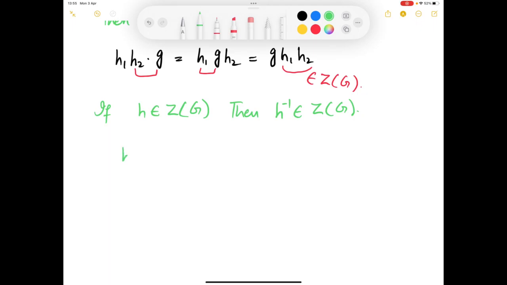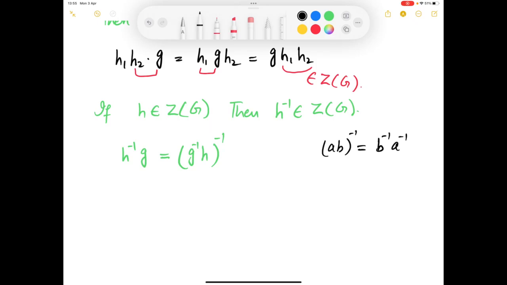For this we consider h inverse g, and we can write it as (g inverse h) whole inverse. Here we have used that (ab) whole inverse is the same as b inverse a inverse.